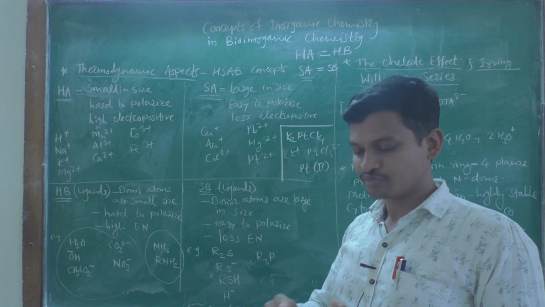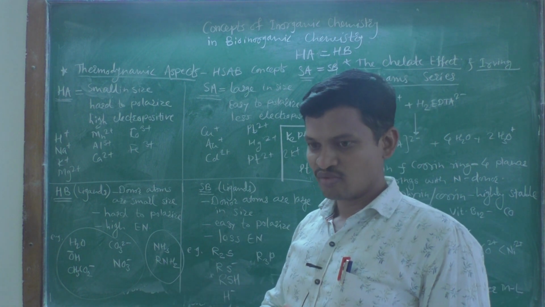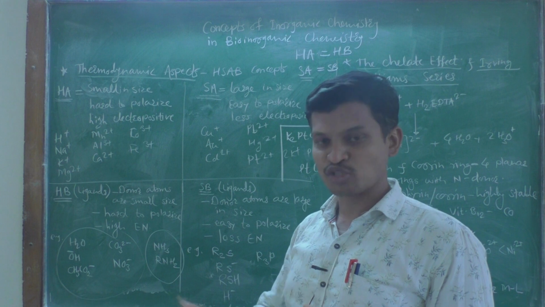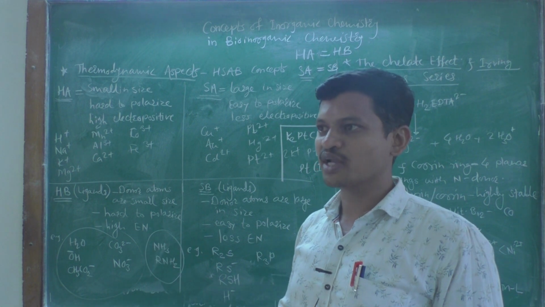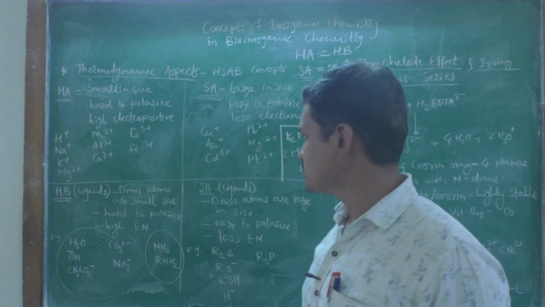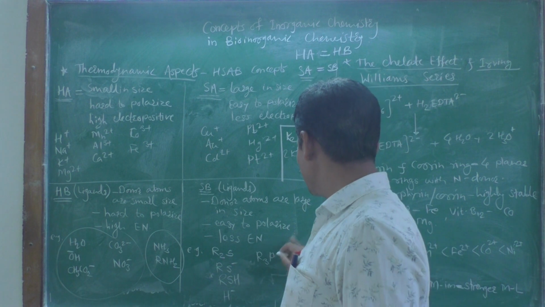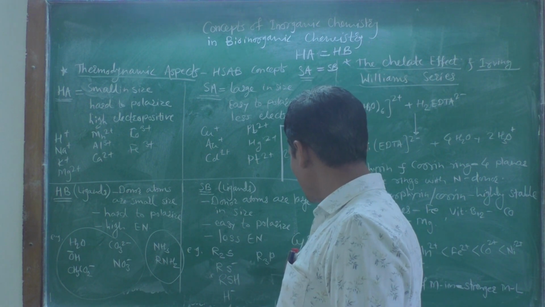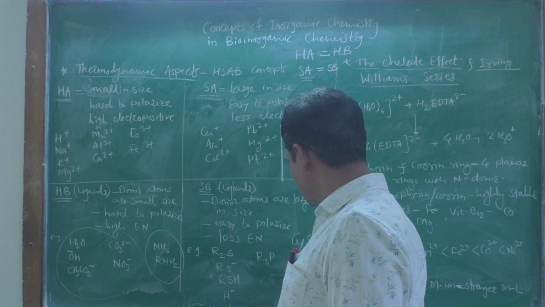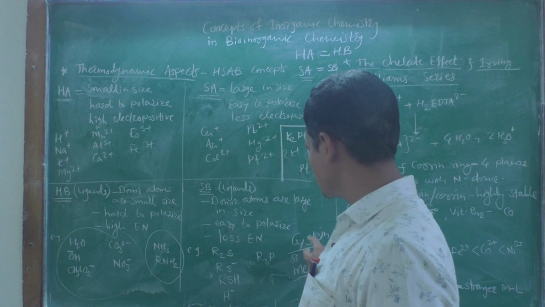The protein may have oxygen donor atom ligands, sulfur donor atom ligands, phosphorus donor atom ligands, nitrogen donor atom ligands, in the nucleic acid side chain or protein side chain, but this platinum 2 plus prefers to combine with cysteine or methionine amino acid residues.